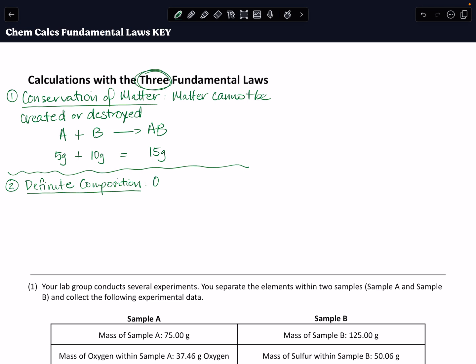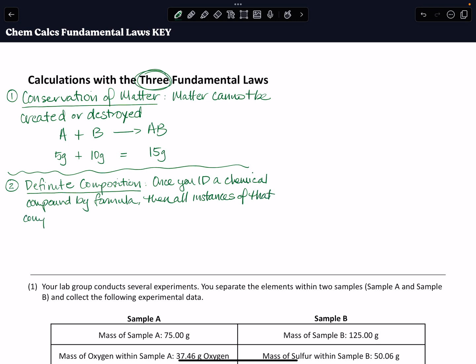And basically, all right, once you identify a chemical compound by formula, then all instances of that compound must have the same amount of each element by mass.